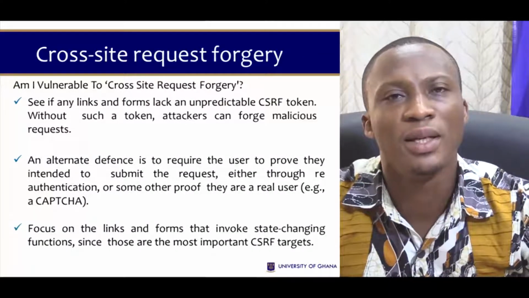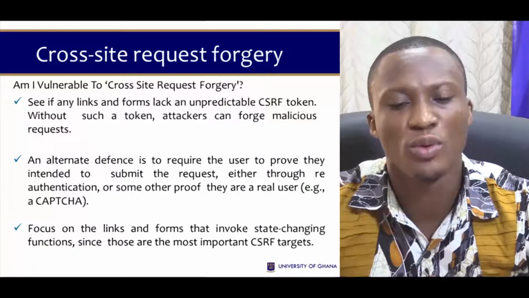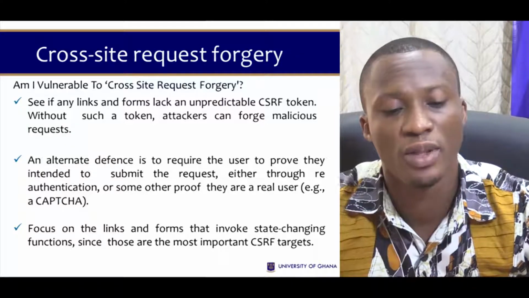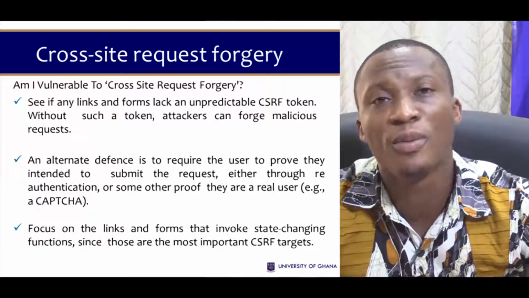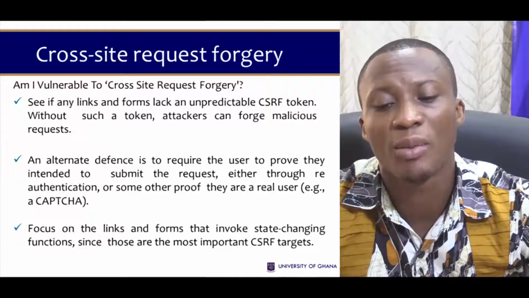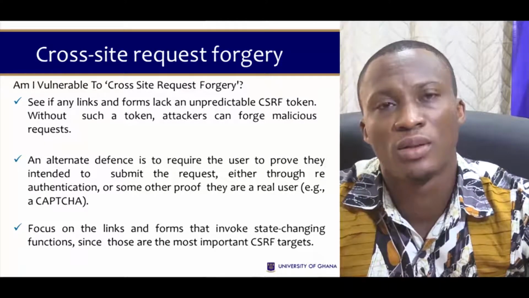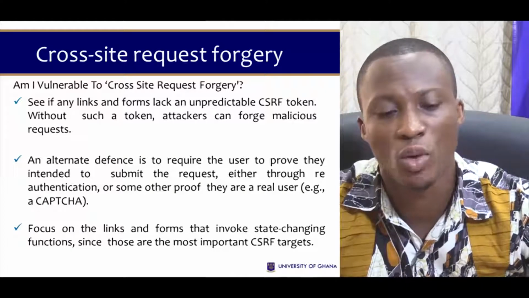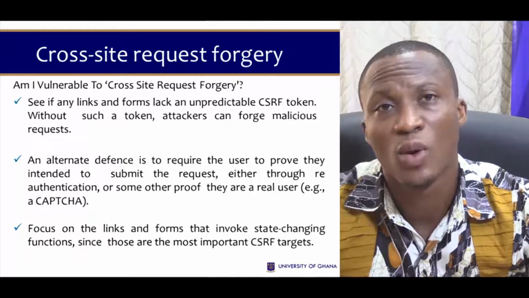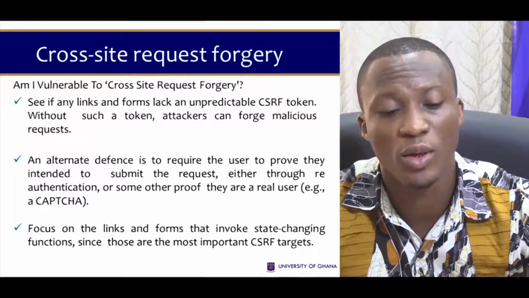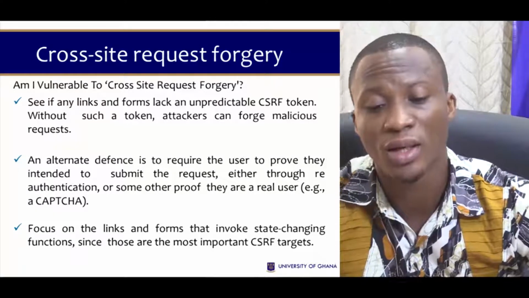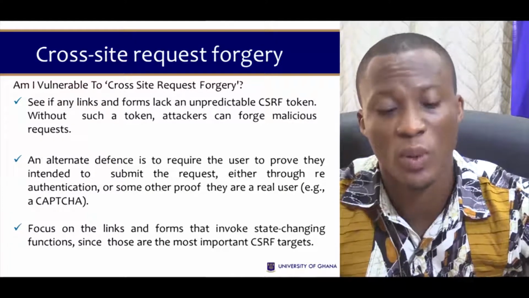How do we determine if one is vulnerable to cross-site request forgery? First, check if any link or form lacks an unpredictable cross-site request forgery token. This is the key. Once the token is there, then your site is secured. But without such a token, attackers can forge malicious requests.